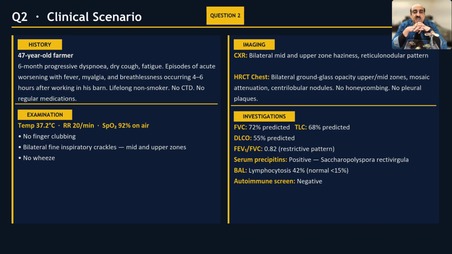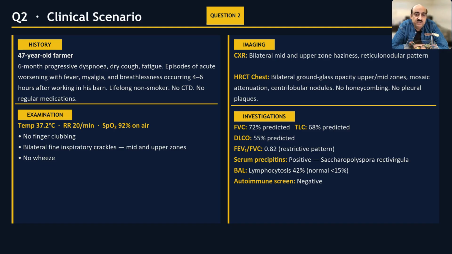In terms of investigations, his chest X-ray reveals bilateral upper zone haziness with reticulonodular pattern, and the HRCT of the chest shows bilateral ground glass opacity in the upper and middle zones with mosaic attenuation and centrilobular nodules. There is no honeycombing, and there are no pleural plaques. His spirometry and lab investigations reveal an FVC of 72% predicted with TLC of 68%, while his diffusion coefficient for carbon monoxide for the lung is 55% of the predicted value.